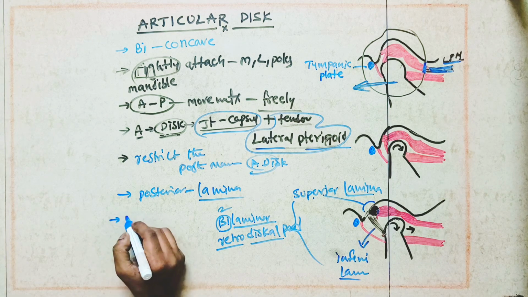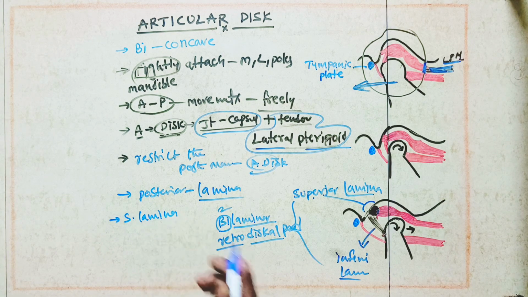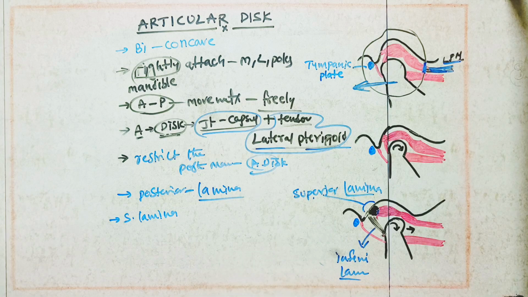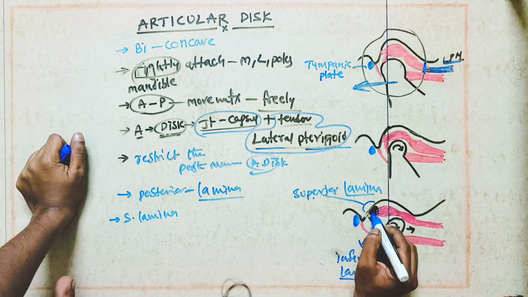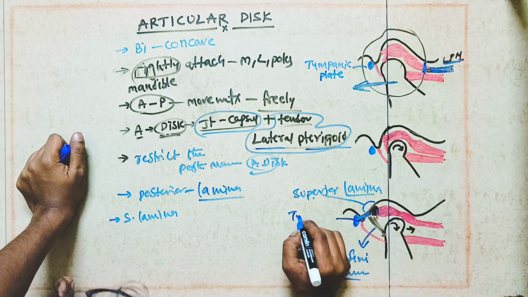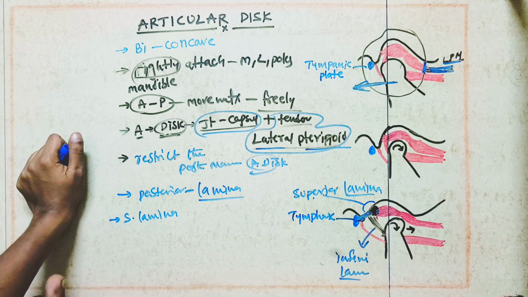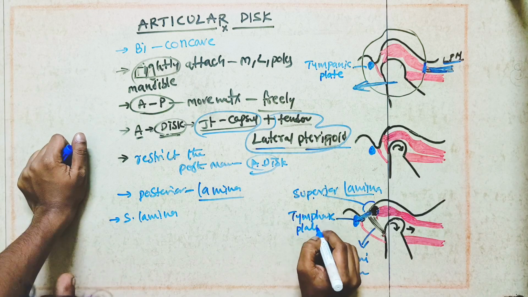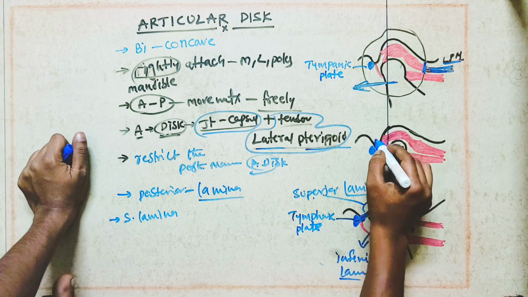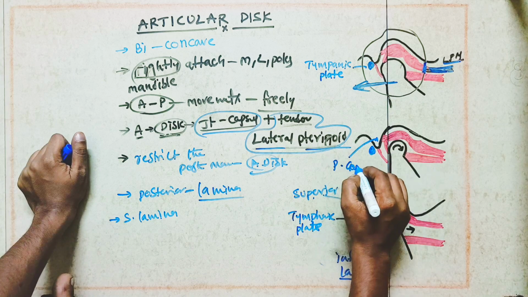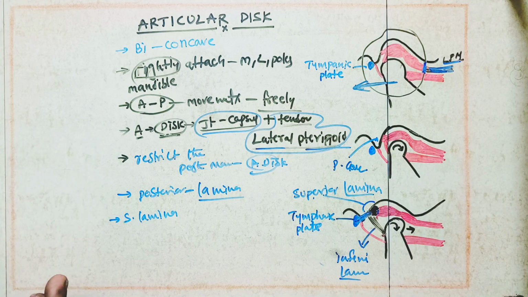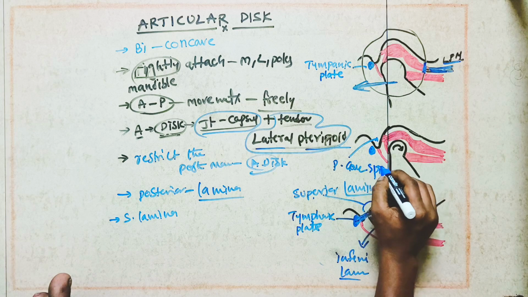One more point about the superior lamina. The superior lamina is going to attach to the tympanic plate. What is this bone? This is the posterior glenoid spine.